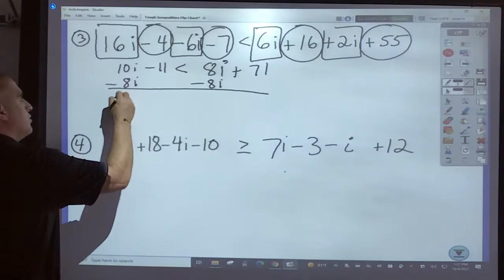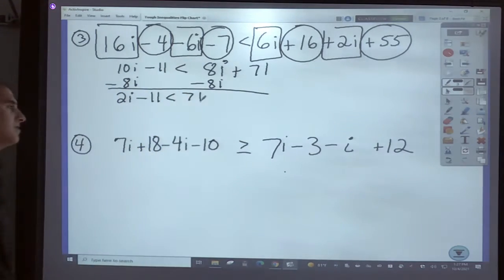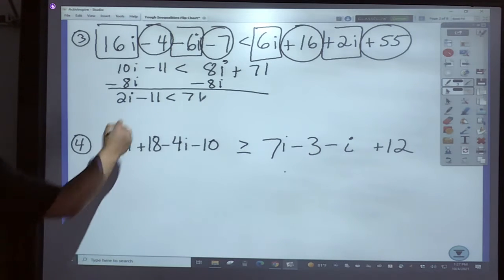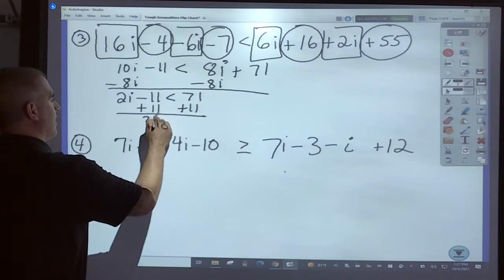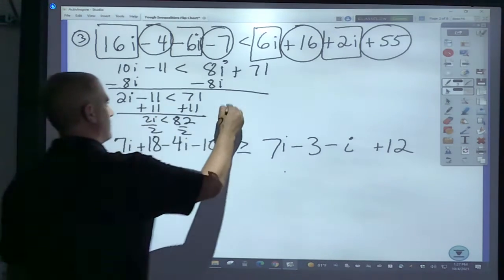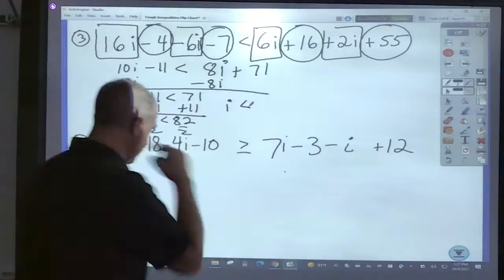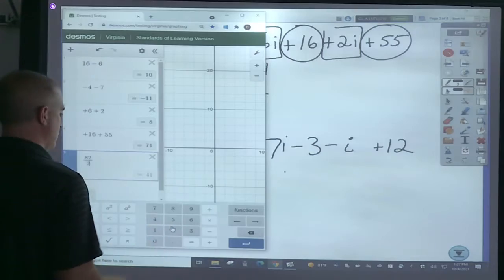So I got 2i minus 11 less than or equal to 71. I want to add 11. That's 2i less than 82, and I want to divide by 2. 82 divided by 2 is 41.